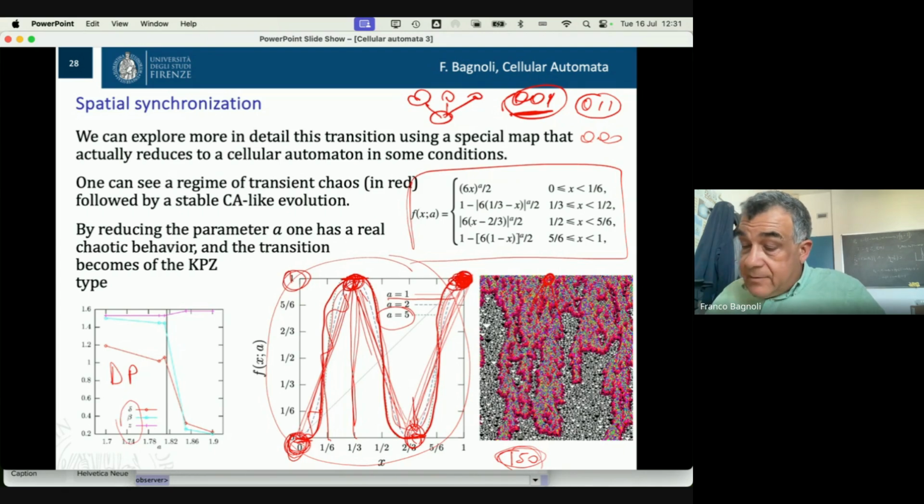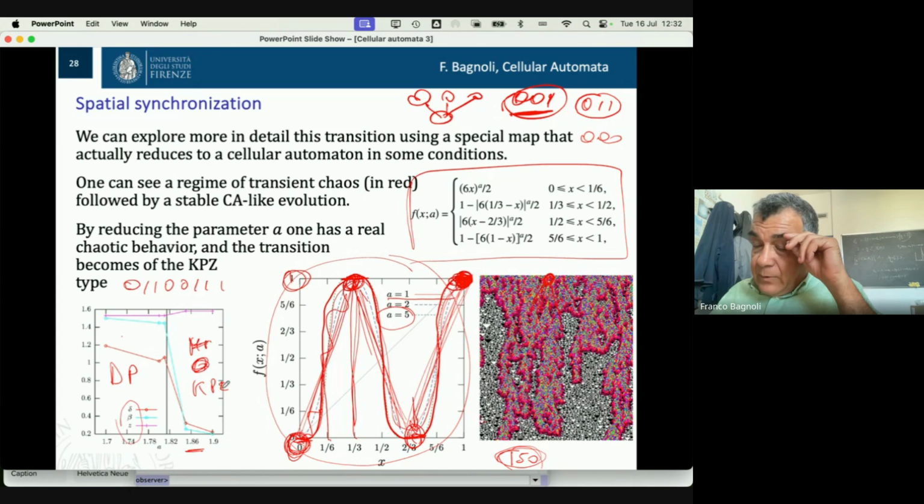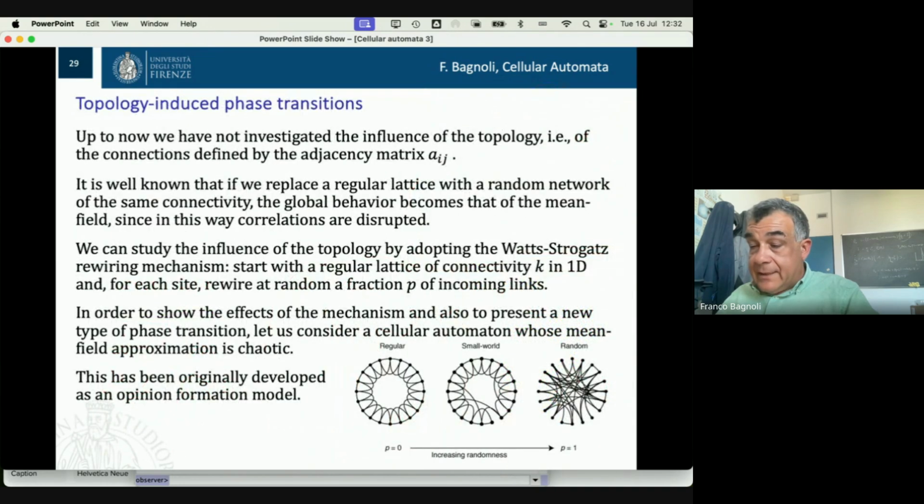I mean, an infinitesimal perturbation here of an absorbing state, which is composed of zeros and ones, is reabsorbed, while here, which corresponds to large enough A, you have the multiplicative noise of Kardar-Parisi-Zhang equations. And so they are both examples of strong chaos. Actually, you see that A is always greater than 1. But you can have a different kind of behavior passing from directed percolation to Kardar-Parisi-Zhang.